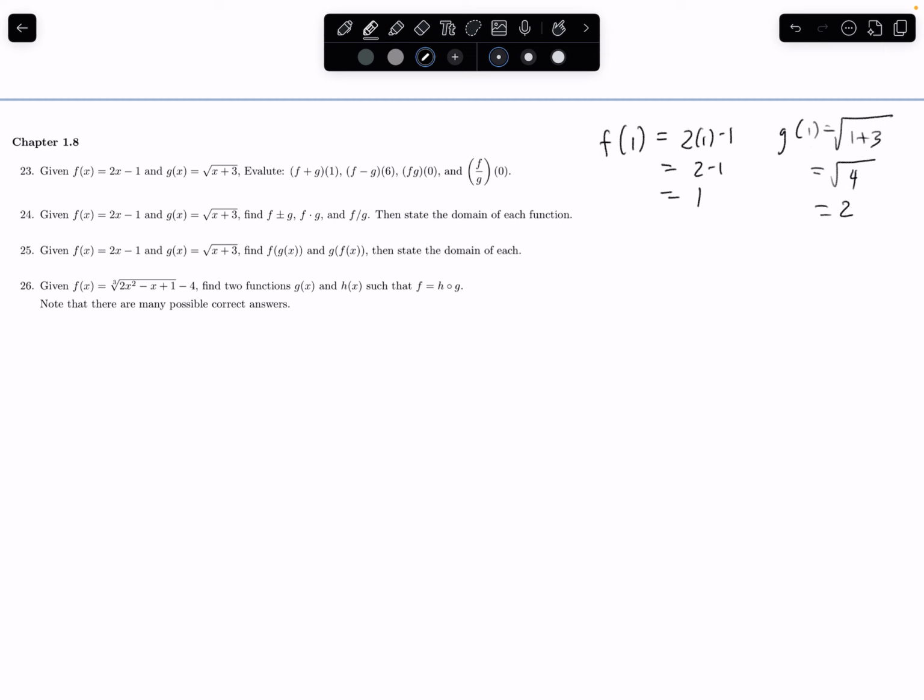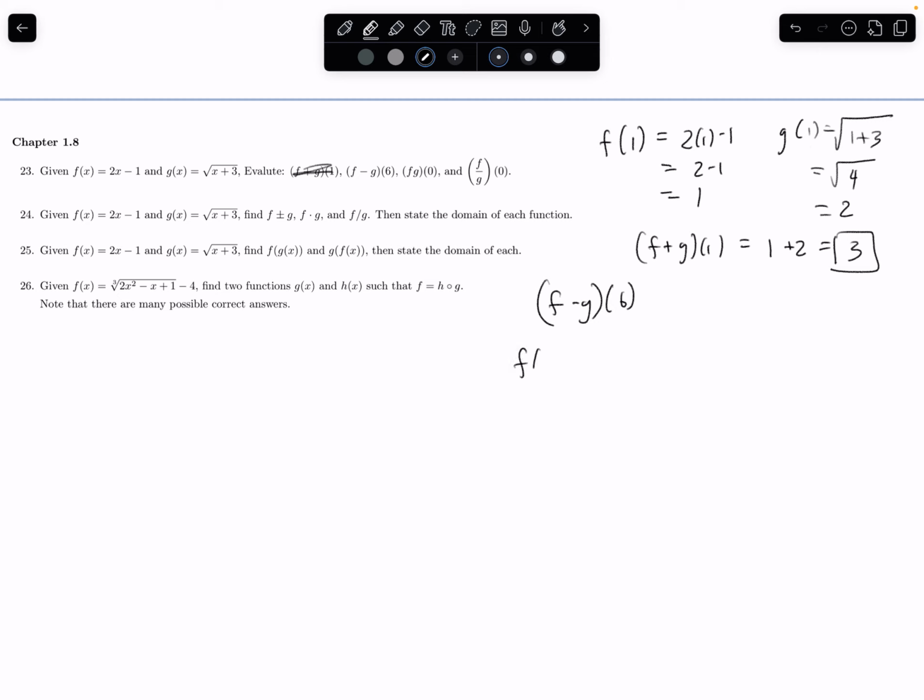Okay, so f of 1 is 1, g of 1 is 2. That makes f plus g of 1 equal to 1 plus 2, which is 3. So that's that first one. Okay, now f minus g of 6 this time.